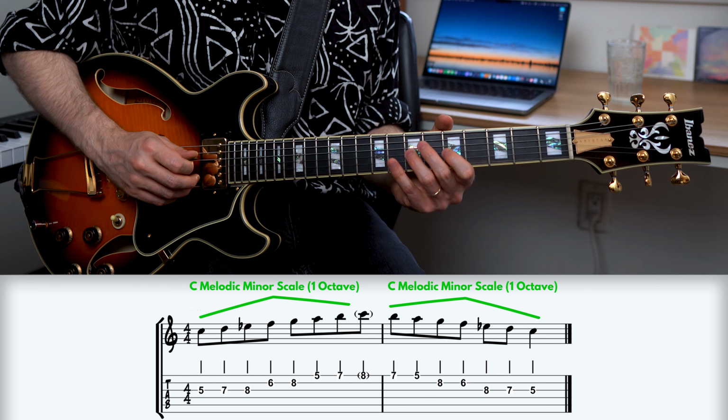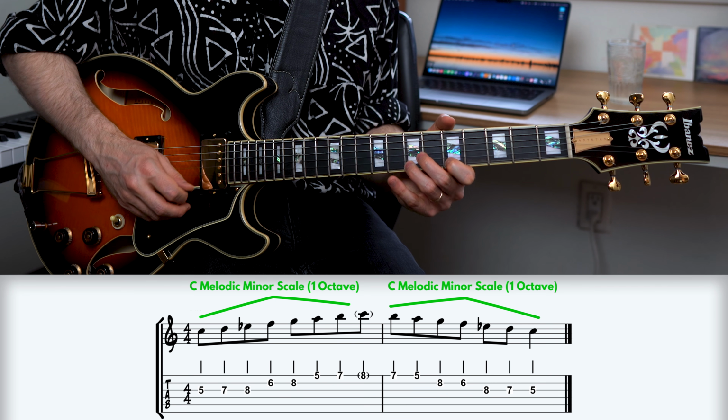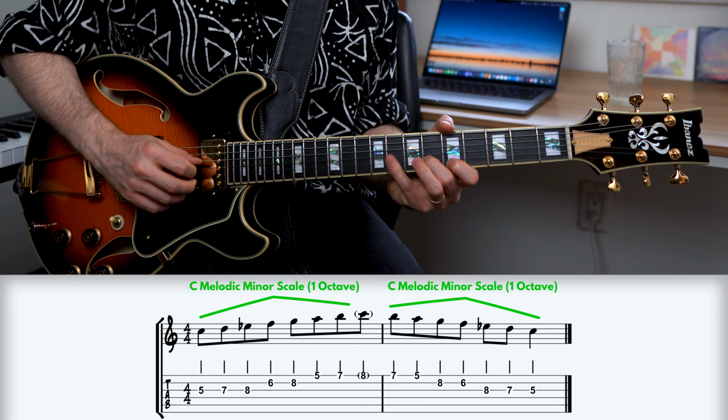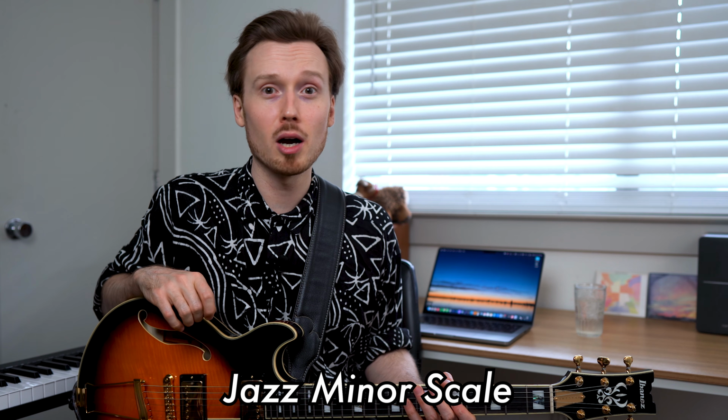But for the purpose of improvised soloing, we're not going to use this principle derived from classical music. Instead, we're just going to play the same notes from the melodic minor scale, ascending and descending, just like this. In contrast to the version of the melodic minor scale derived from classical music that we looked at earlier, this version of the melodic minor scale is sometimes referred to as the jazz minor scale.